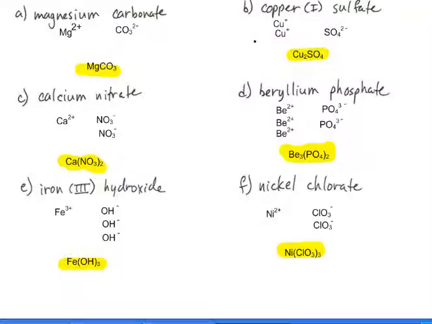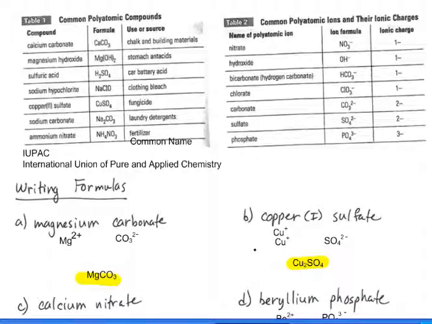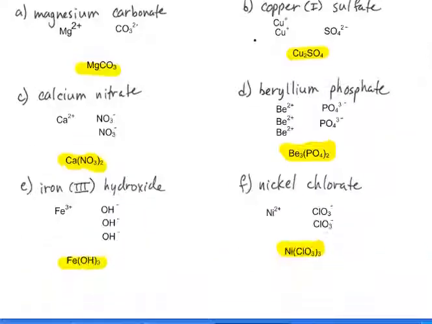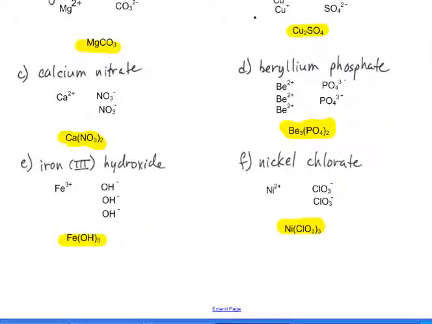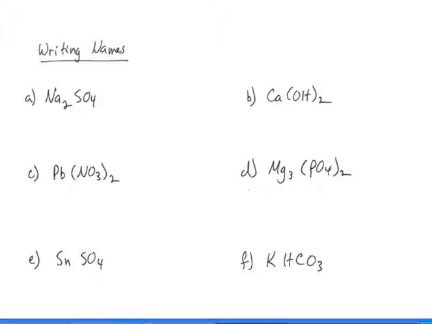So there we go. So writing the formulas is a little more complicated than vice versa, given the formula and writing the name, which is what the next page is all about. So if you look over here, writing names, the key thing here is to identify what you have. So here, you can see we have this Na. And if you have something in brackets, that's what you're looking for.